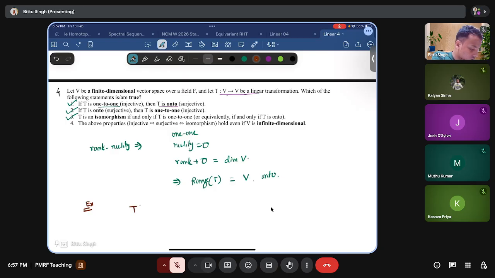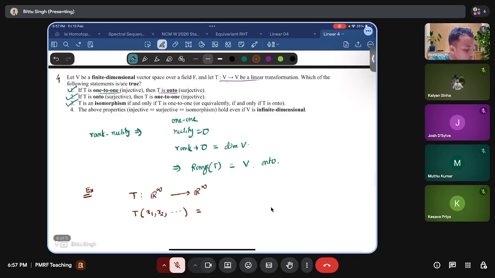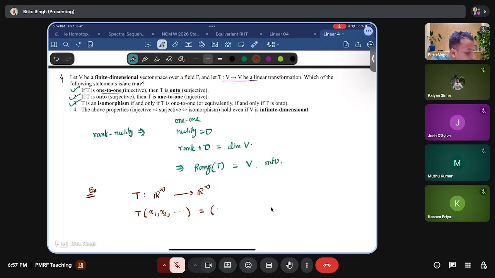So consider this map T from R infinity to R infinity. Think of it as an n-dimensional vector space, but n tends to infinity, so it is becoming an infinite dimensional vector space, and the operator sends T of x1, x2, and so on, to 0, x1, x2, and so on. So it is a shift operator.